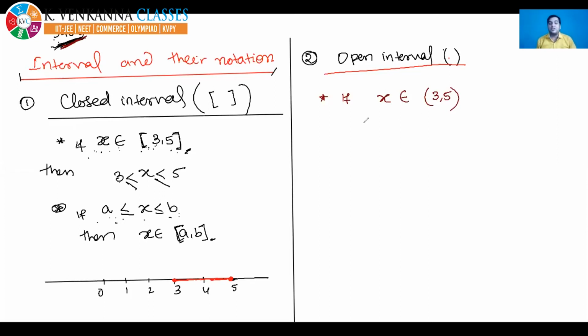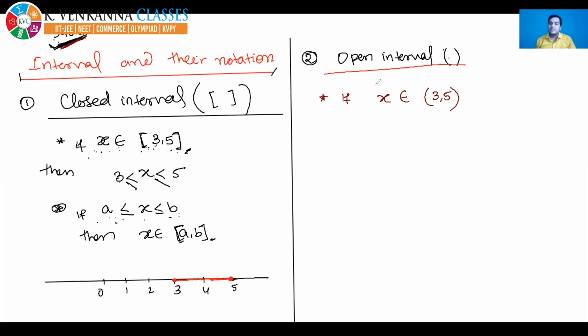So what is the meaning of this? 3 to 5 means the value of x can be anything between 3 and 5. x can be 3.1, 3.2, 3.8, 3.9, 4, 4.1, 4.2, 4.8, 4.9, anything. But since at 3 it is open, x cannot be equal to 3.